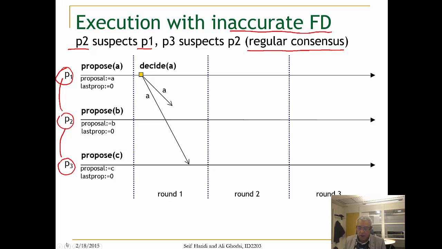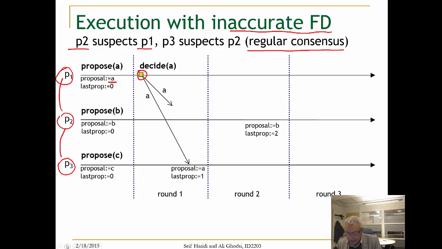We are in the first round. In the first round, the process P1 owns this round, so he will decide on his own initial value. He will broadcast the value to P2 and P3, as we can see here. Now remember that P2 is suspecting P1, so P2 can actually move to round 2 because his failure detector says P1 has failed.